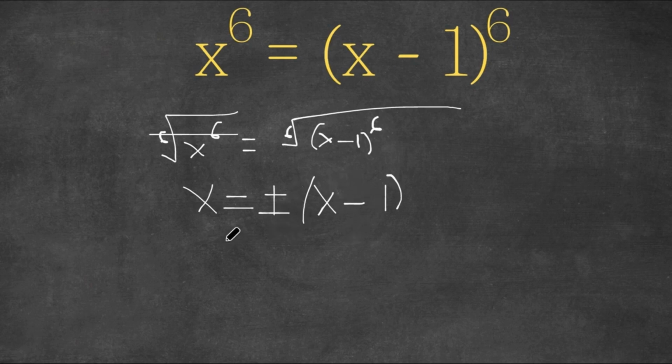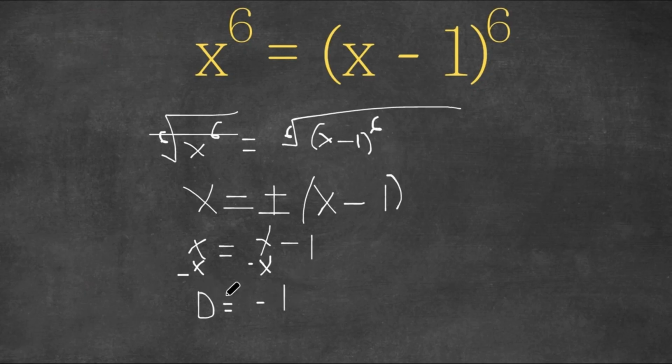Let's first try the positive. So we're going to do x equals x minus 1. Now if we subtract x on both sides, we get 0 equals negative 1.